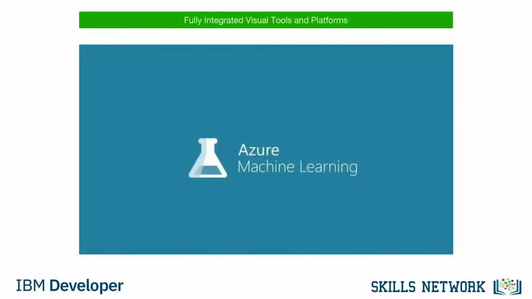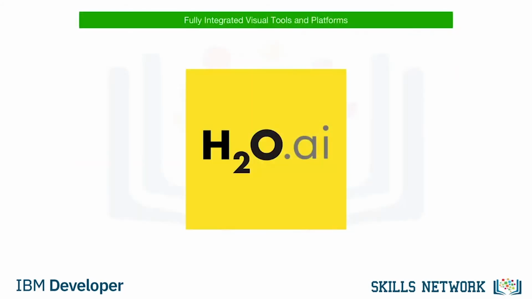Another example is Microsoft Azure Machine Learning. This is also a fully cloud-hosted offering supporting the complete development lifecycle of all data science, machine learning, and AI tasks. And finally, another example is H2O Driverless AI, which we've already introduced in the last video.